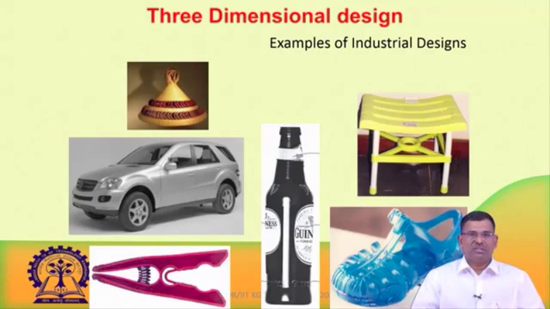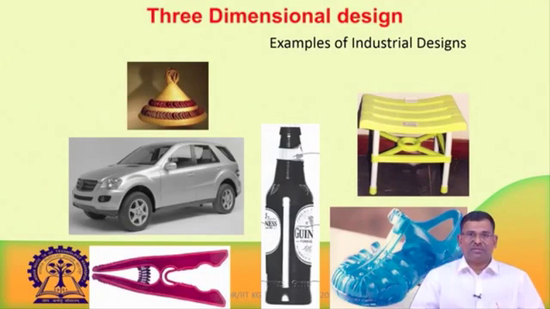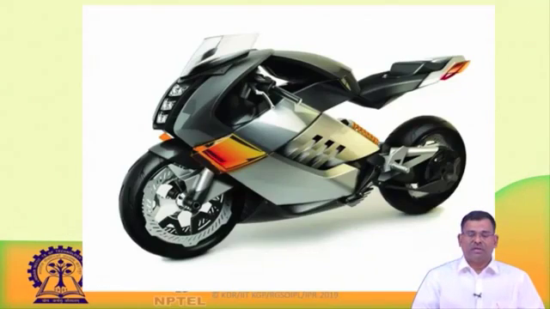Whether it is 2D or in the medium of 3D, it can be registered as a design. Even the design of a small clip can be registered, so that it can be protected as an intellectual property, for a minimum statutory period. You can see that this is a beautiful bike, but the design is registered.